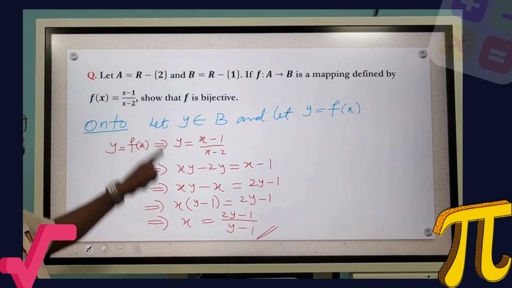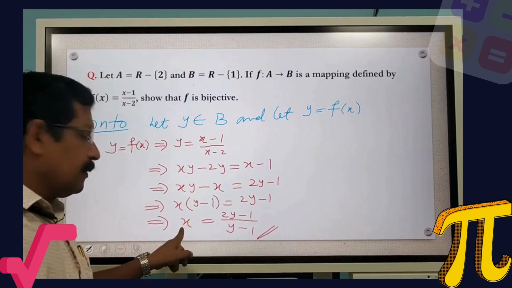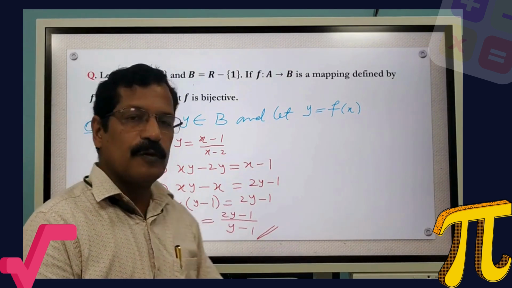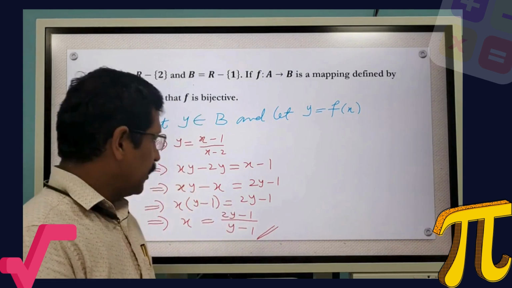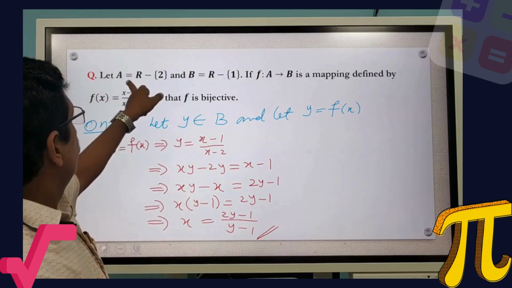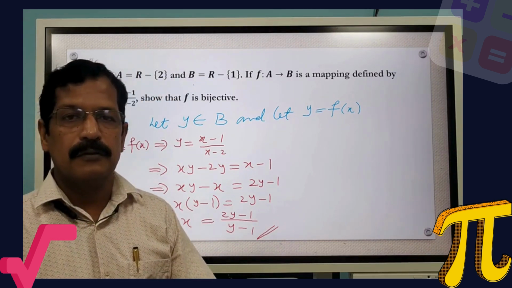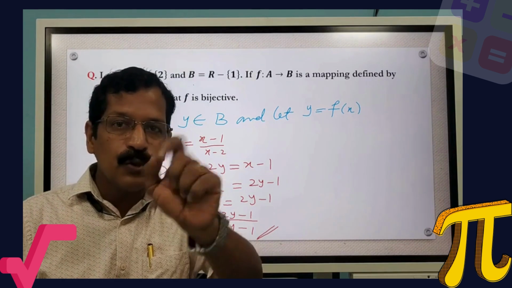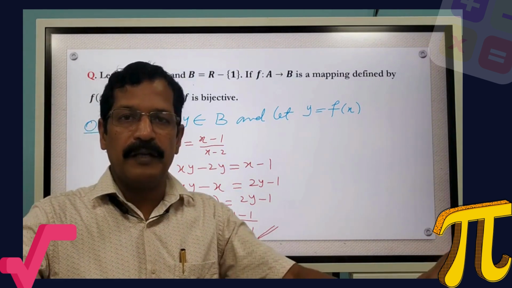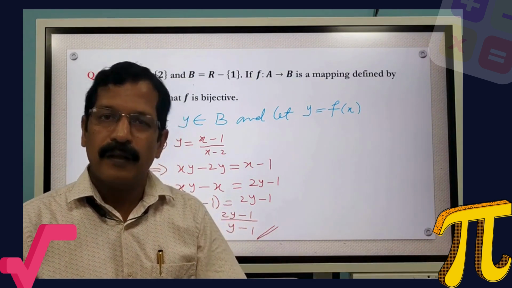Now by taking y = f(x), we obtain x = (2y - 1)/(y - 1). But I don't know whether this x belongs to A or not. In A, only 2 is excluded. If this happens to be 2, then x will not be an element of A. Let us verify it.